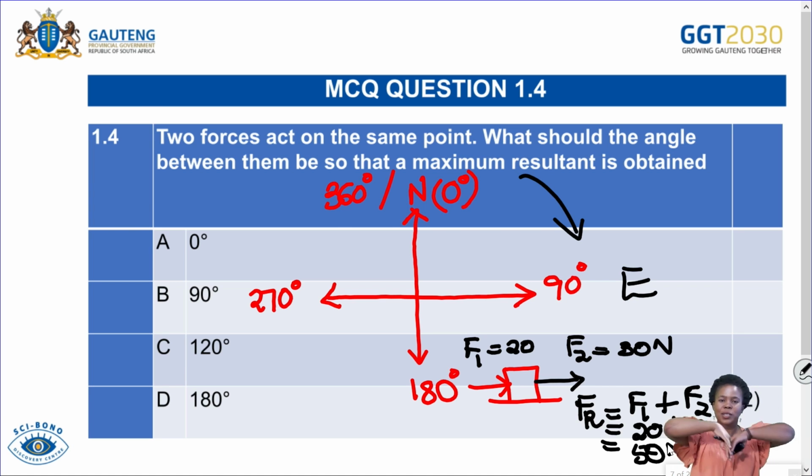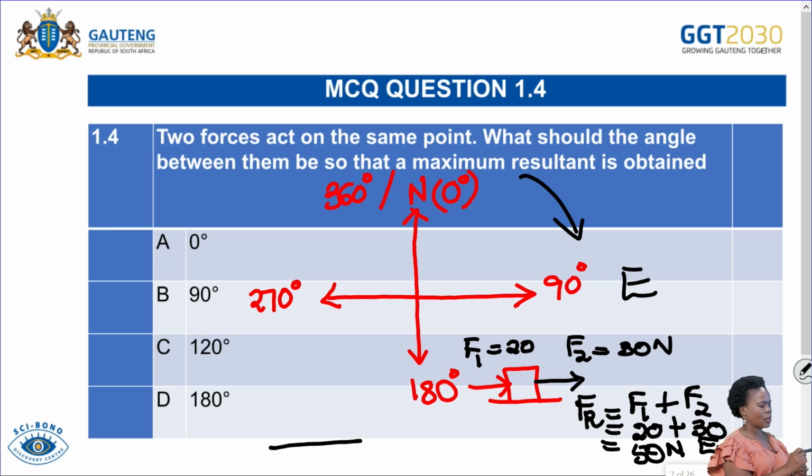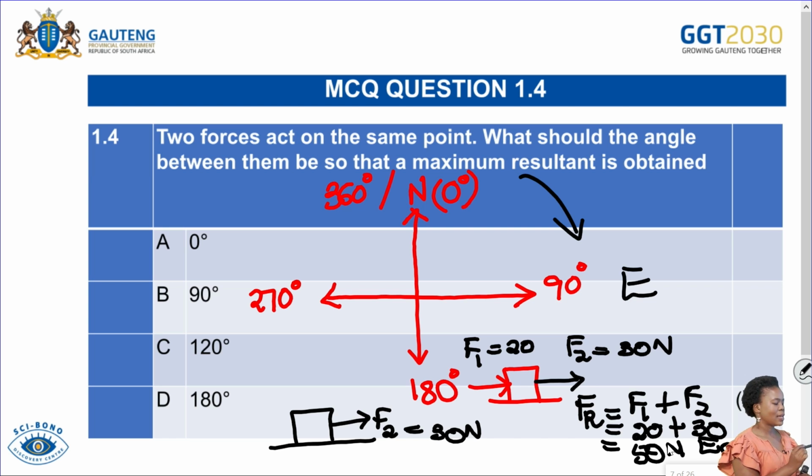However, if I split them, the other one is acting in that direction. Here is my same box, here is my 30, which is my F2, equal to 30 newtons, and here is my 20 acting in the western direction. This is my F1, equal to 20.